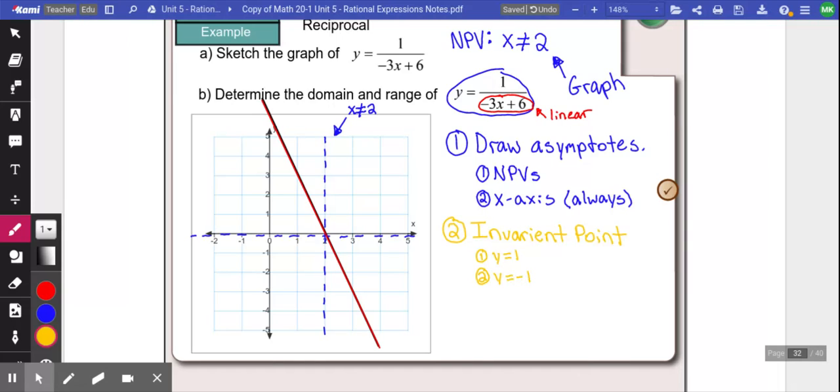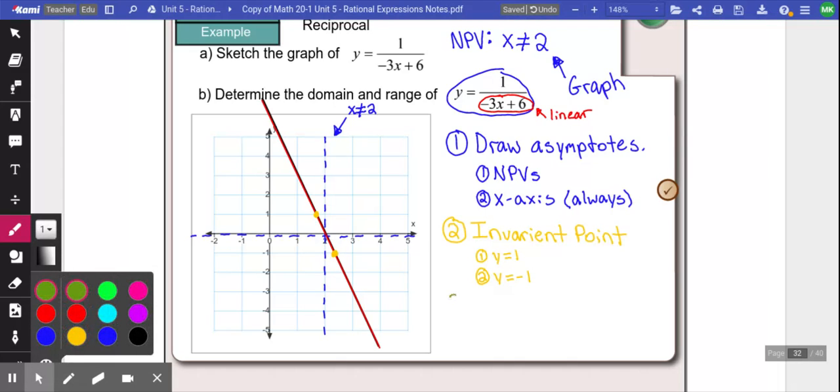And we'll talk about why those invariant points exist in a second. So I go to my original function, that red line, right? And I draw little dots on these invariant points. And we'll talk about why those are invariant points in a second.